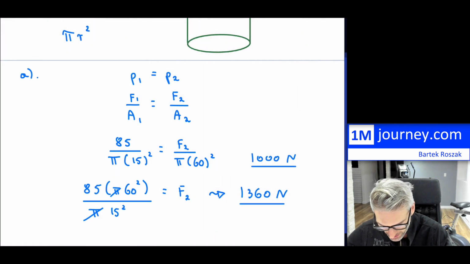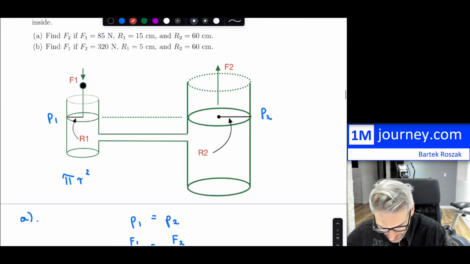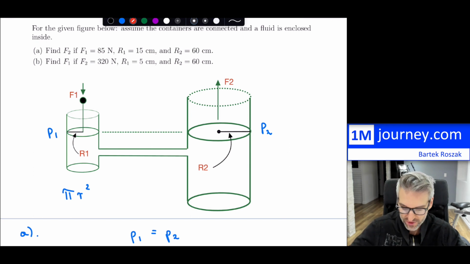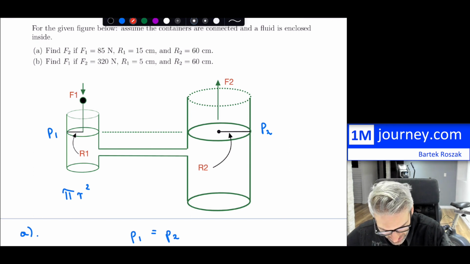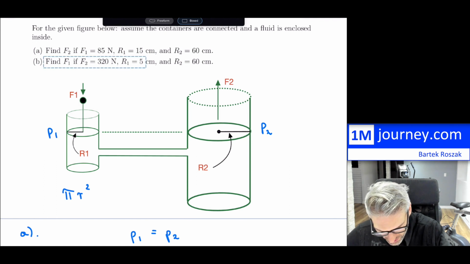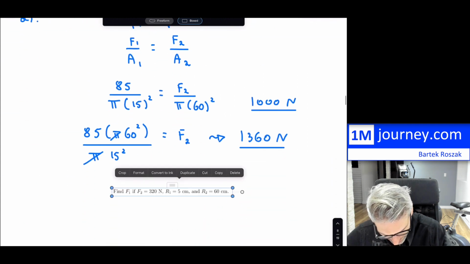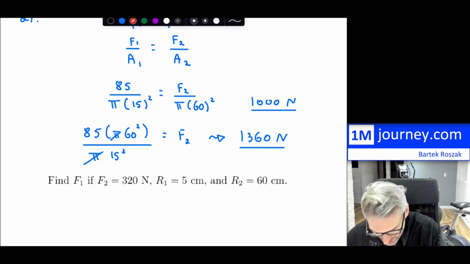Let's dive in to see what we would have to do for part B. For part B, now we're finding the first force, but they give us all of the rest. So I'm going to just copy this so that I don't have to flip back and forth. Let me copy that and bring it down here so that we have it and make it very visual for ourselves.